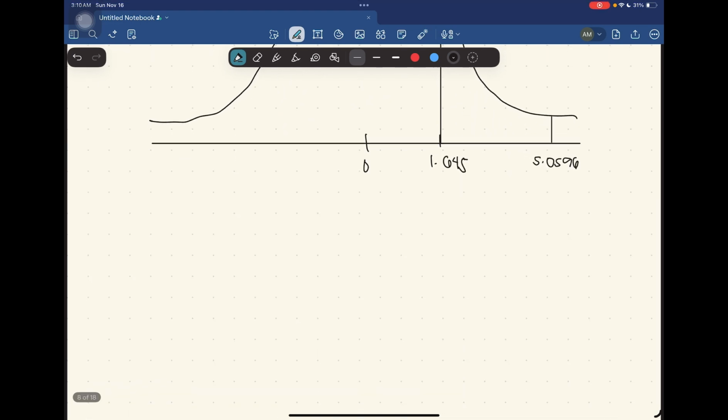Which means in our step 7, the conclusion of our problem is that there is strong evidence that the new alloy has exceeded the previous tensile strength.